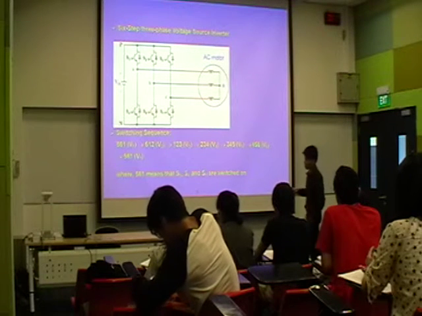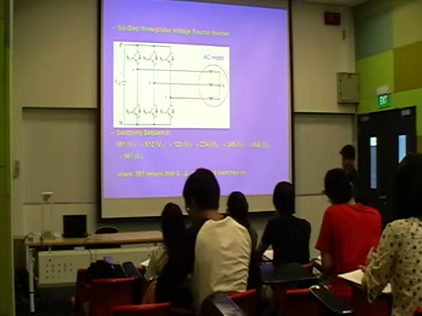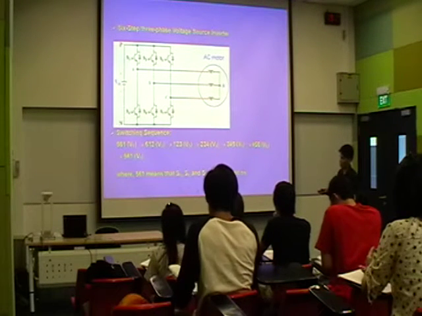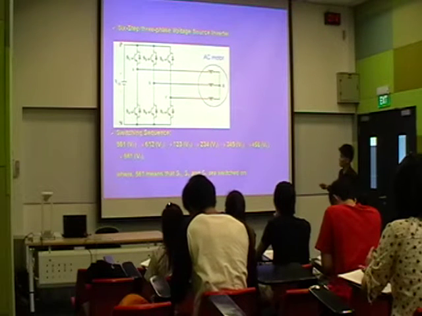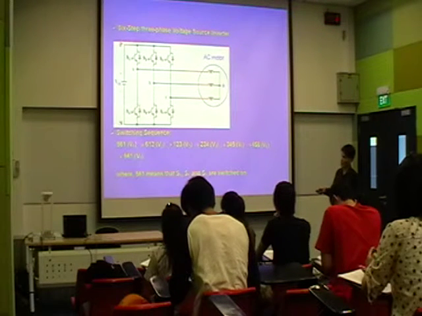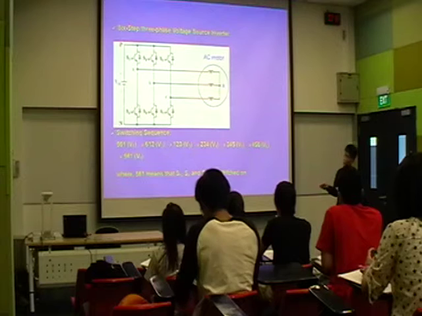So if you have a switching sequence like this, we have a switching sequence from V1 to V6. V1 means that switches 5, 6 and 1 will be switched on.